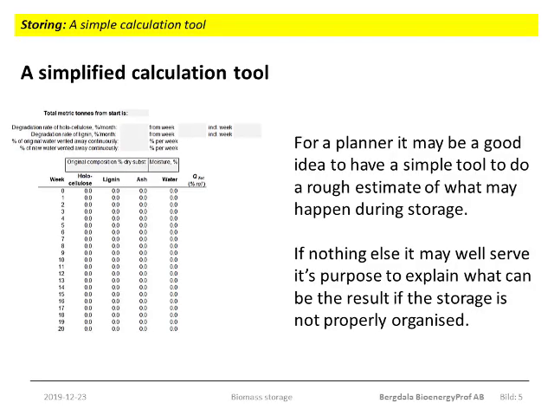So what I've done here is to set up a simplified calculation tool for a stack of chips. So let's look at what it does, and then I will explain how. We start by setting the dry substance analysis, and I've decided to add cellulose and hemicellulose together in this case as holocellulose.